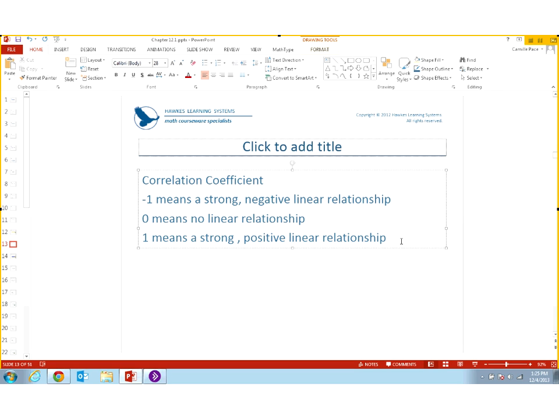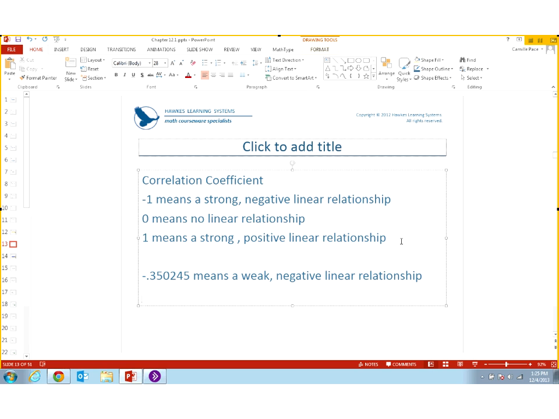So let me give you some examples because it's never really going to be -1 or 1. So let's look at -0.35, -0.264, or whatever. So this means a weak negative linear relationship. Okay? Because it's negative. See the negative sign in front of it.